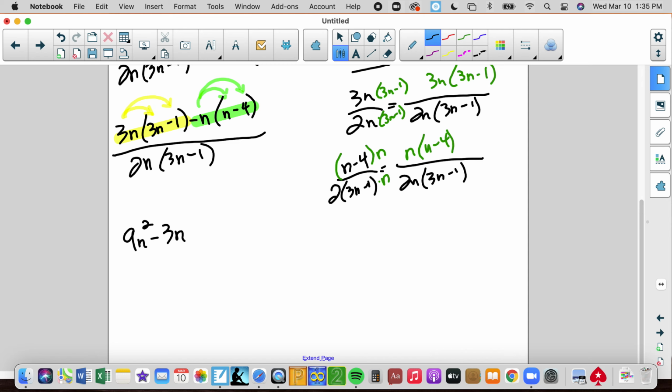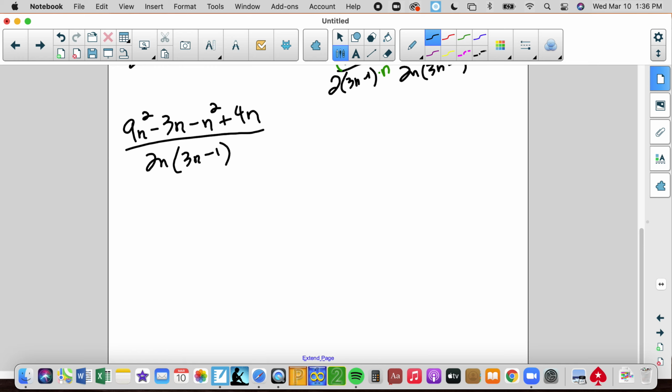Negative n times n is negative n squared. Negative n times negative 4 is positive 4n. All over 2n times the quantity 3n minus 1. Let's combine like terms. 9n squared minus n squared is 8n squared. Negative 3n plus 4n is positive n. All over 2n times the quantity 3n minus 1.